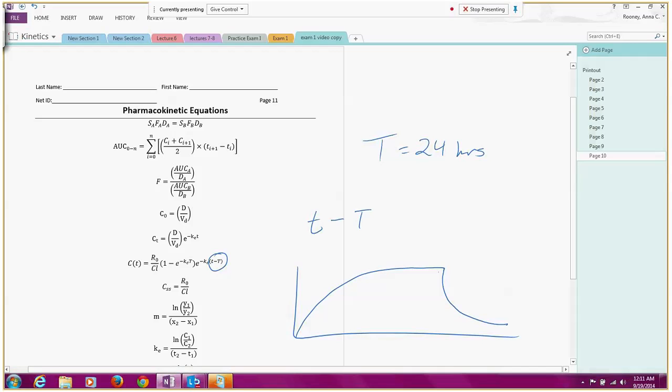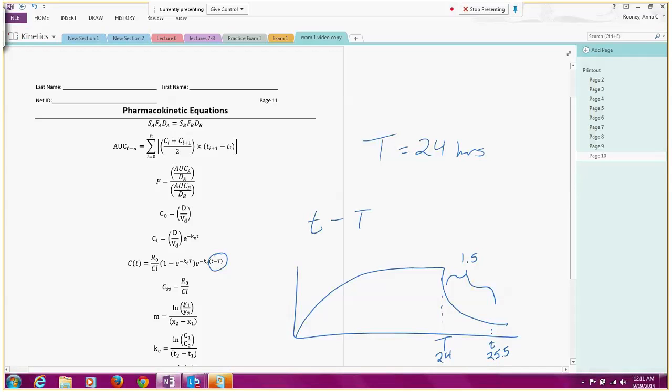So this is big T, and we're expected to find little t. We're supposed to find the difference between these. Well, this is 24 hours, and they tell us that this difference is 1.5. So what's little t? Well, little t is 25.5.